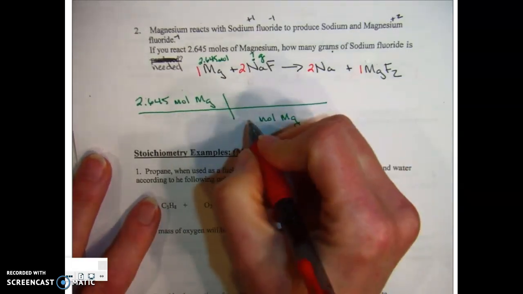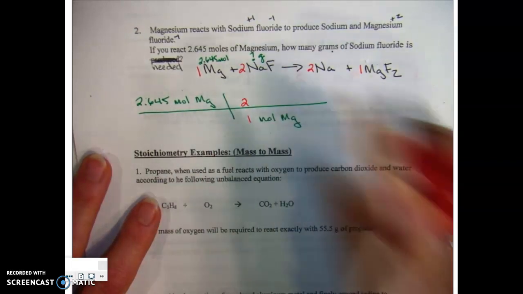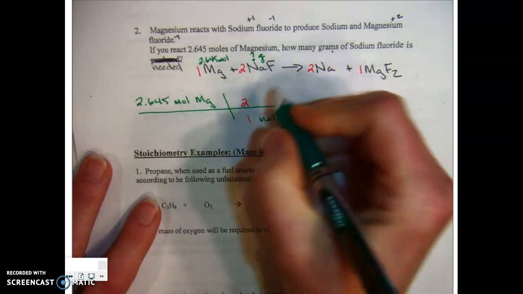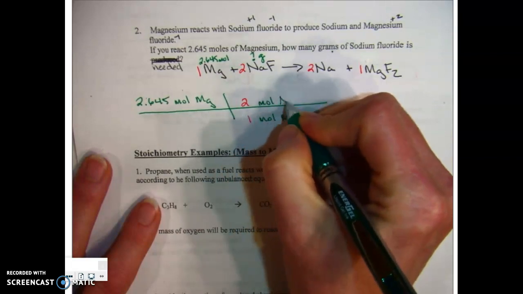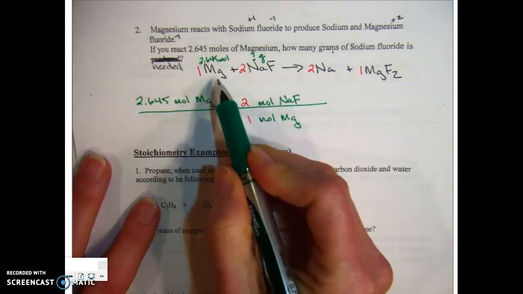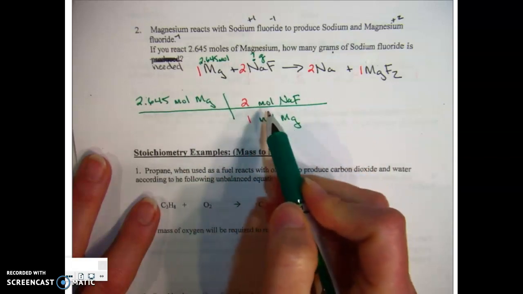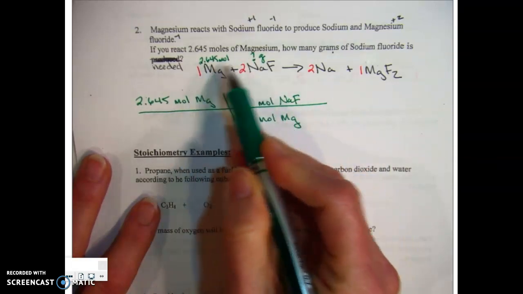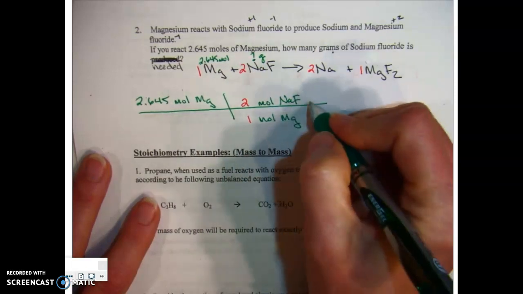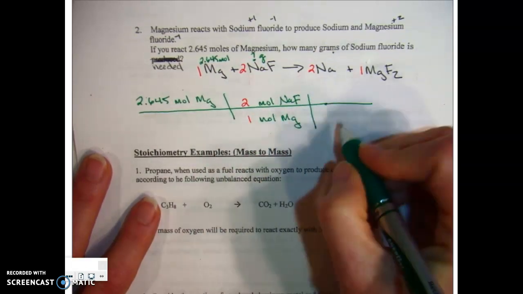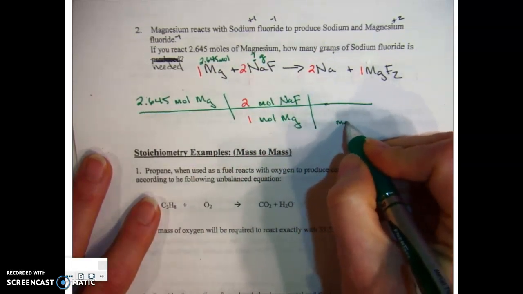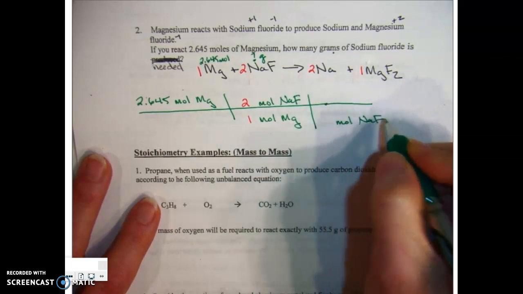So we have 1 mole of magnesium for every 2 moles of sodium fluoride. So the good news is now I'm talking about the substance that's my unknown. I use the mole ratio to convert and talk about that substance. I want moles of sodium fluoride to go away, so I can drop that unit in the bottom.